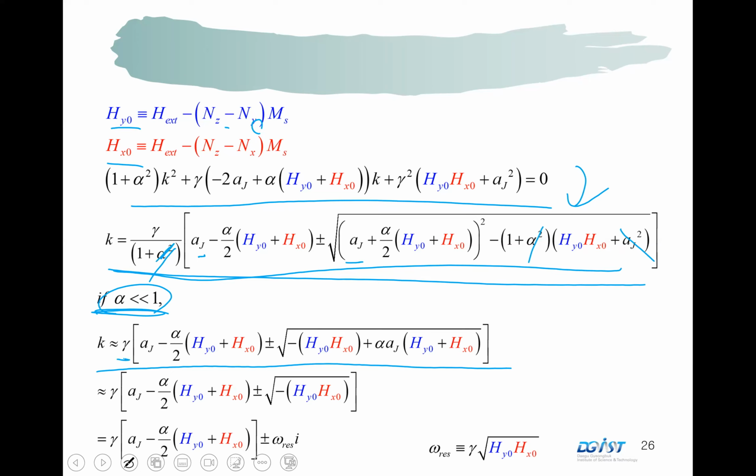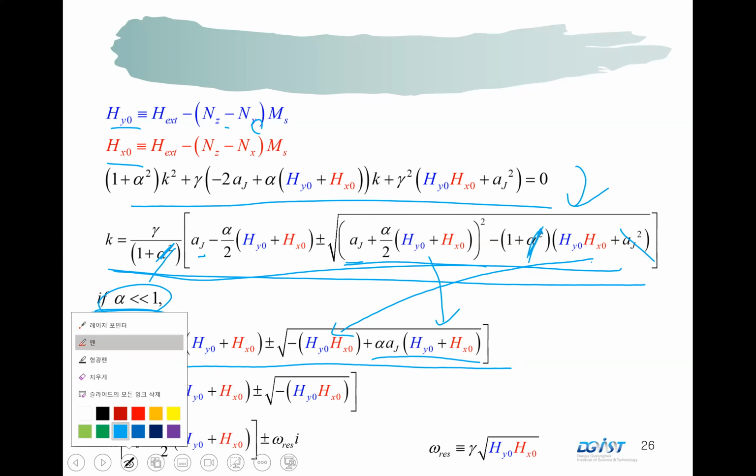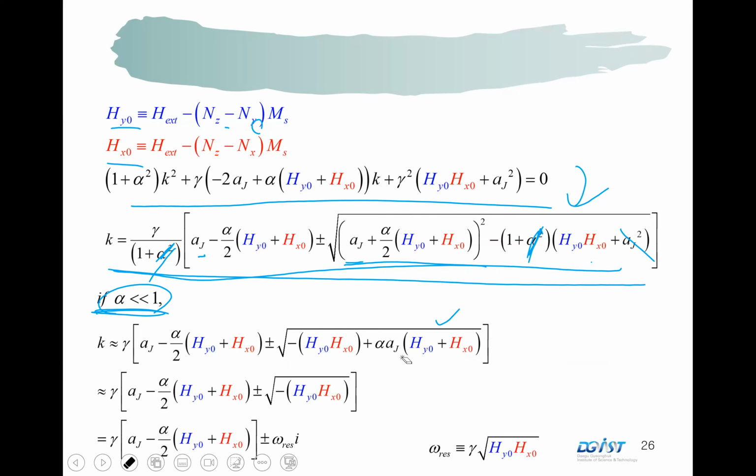We have only gamma at the front, and if we drop alpha square, we have this term here, and this term can be here because when you expand this one, we also have an alpha square term, so we can drop it. So we got this equation. Okay, we are getting close.